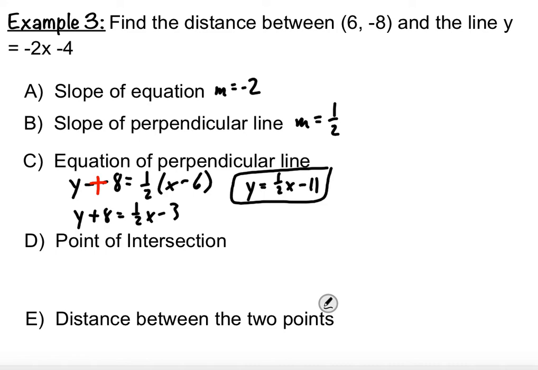So what you want to do is take the equation up there in the given problem, y equals -2x minus 4, and then the part C one, y equals 1/2 x minus 11, set them equal to each other and solve for x.